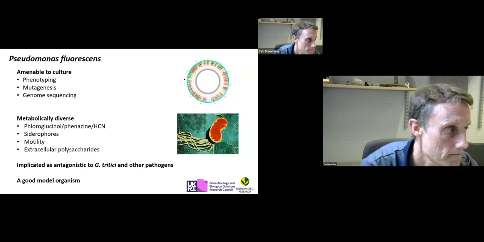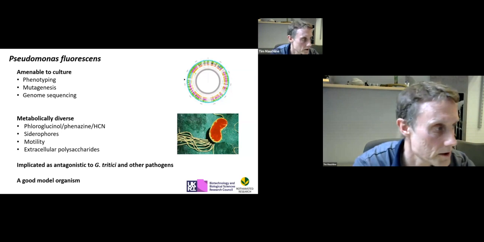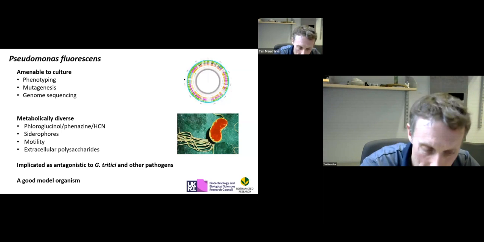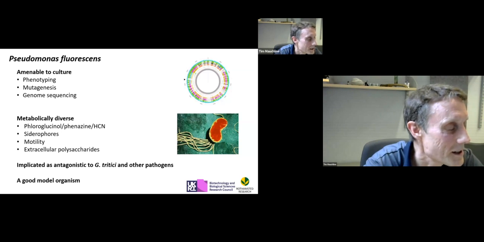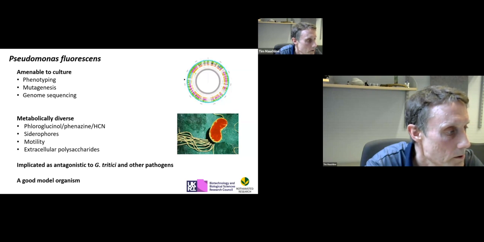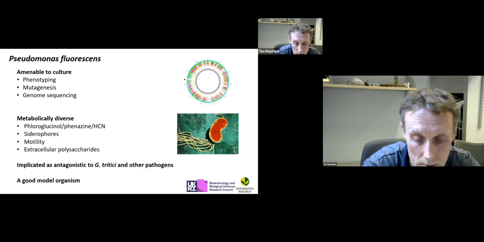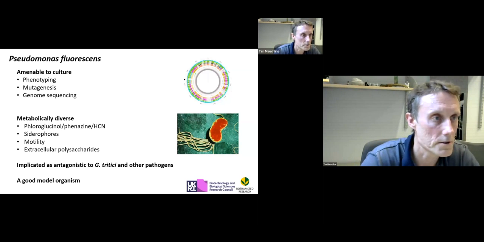It's amenable to culture, and therefore we can do phenotyping of it, mutagenesis, and genome sequencing. And the fact that it's also metabolically diverse means that we can tie together the biology and the chemistry. We also feel that it's a good organism to work with because it's antagonistic to certain pathogens such as take-all, but also Septoria fungus as well.